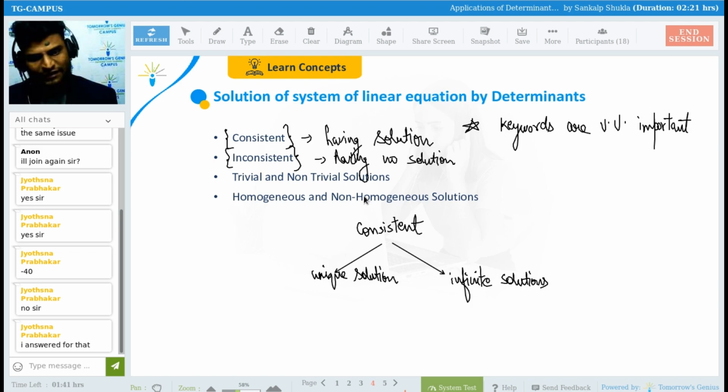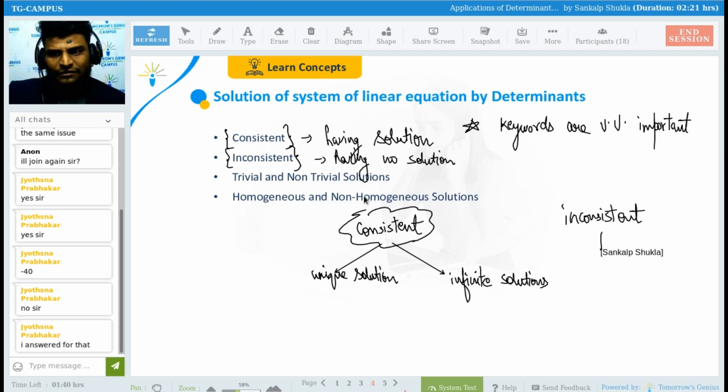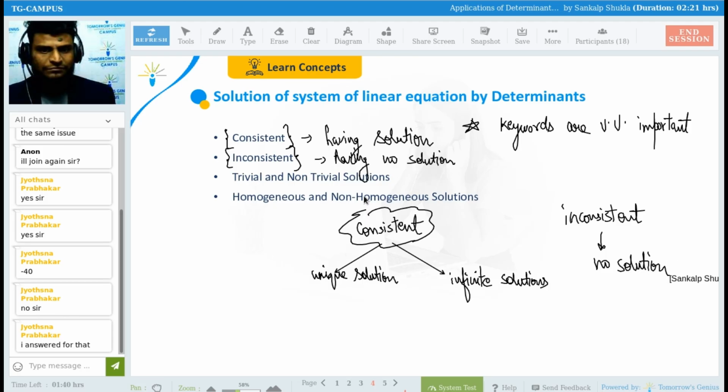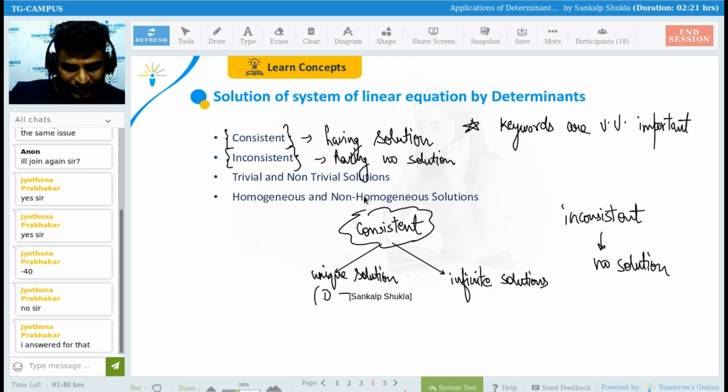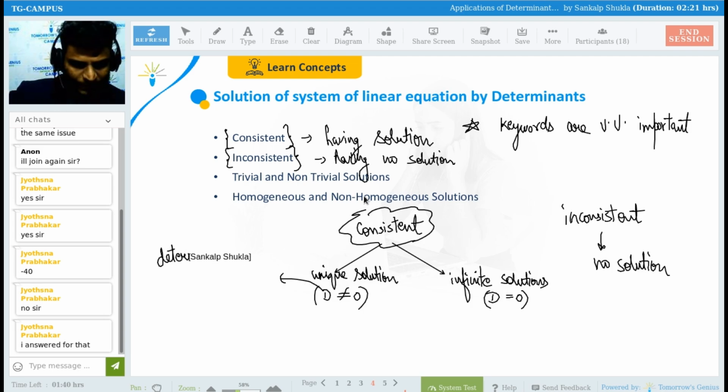So it can be possible that we have one solution, that is a unique solution, or we can have infinite solutions. Both the conditions are said to be consistent. But inconsistent means only one condition, that is no solution. Unique solution exists when D is not equal to 0, but infinite solution exists when D is equal to 0. So this thing you have to note. And D is the determinant of coefficients.